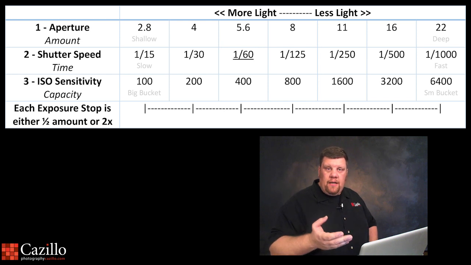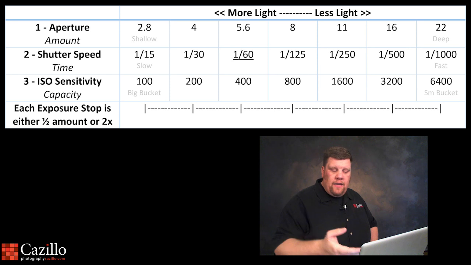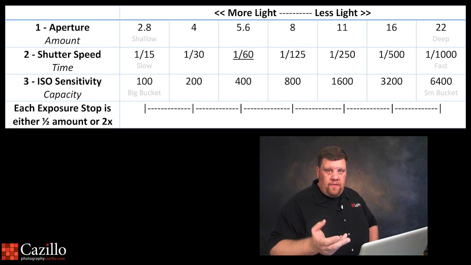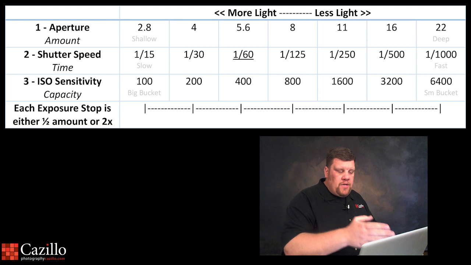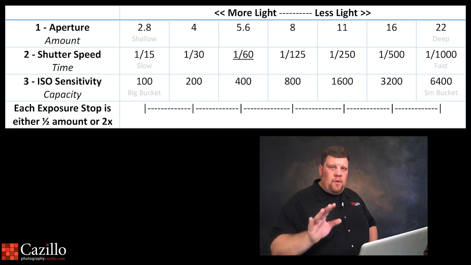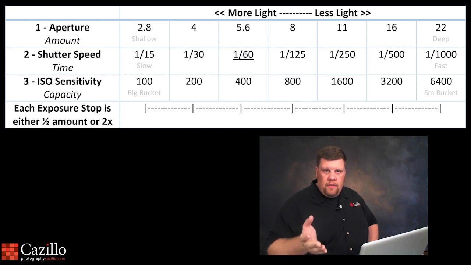So in a scene, say you're at f8, 1/125th of a second at ISO 800, and you say to yourself, well, I really want a little bit shallower depth of field for this photograph. So let's go to f4, change our aperture to f4. Now we're going to let in more light, so now we're at f4 at 1/125th of a second at ISO 800. We have a little bit of motion. We're shooting photos of kids, okay?